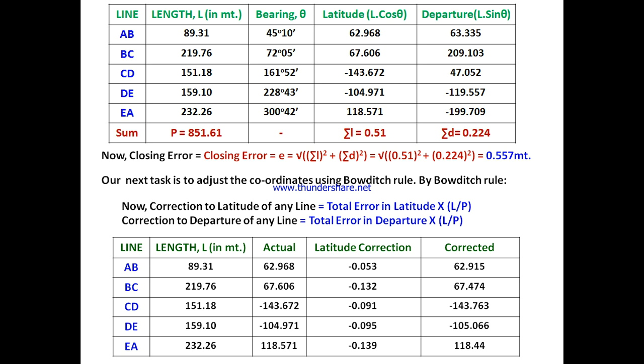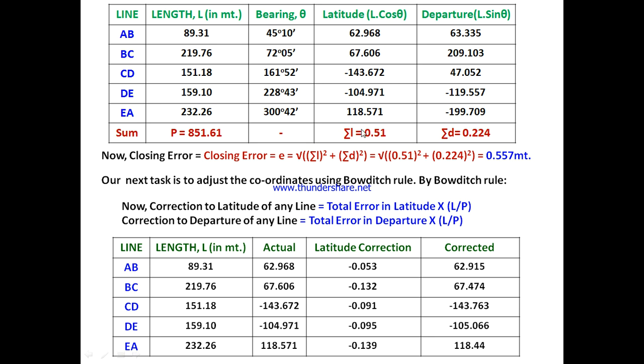If I calculate the value, you just try to calculate it with me and you will get the value. After calculating that, we will determine the value of the latitude corrections, and we will also determine the corrected latitude after deducting it. Why have I considered all the values here negative?